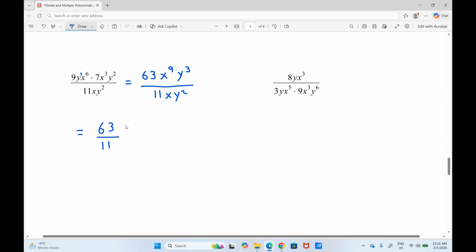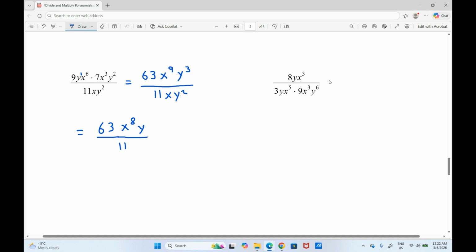So that's going to be x to the exponent of 8. And y to the exponent of 3 divided by y to the exponent of 2 would just be y to the exponent of 3 minus 2. So I would just be left with y to the exponent of 1, or just y. And that would be my final answer. I would just put the 11 a bit more in the middle here. And yeah, so this is another example.